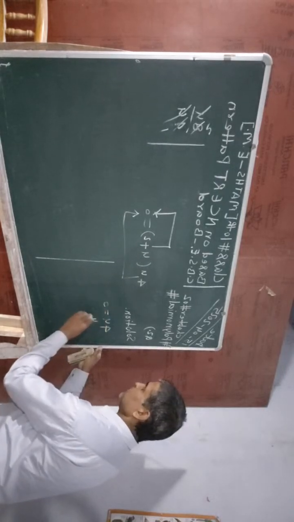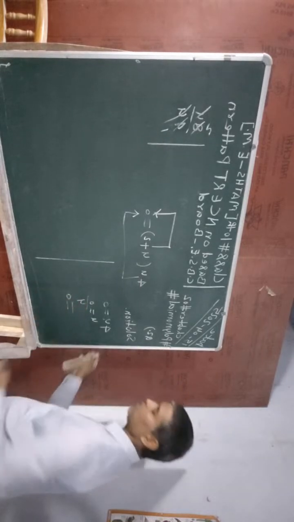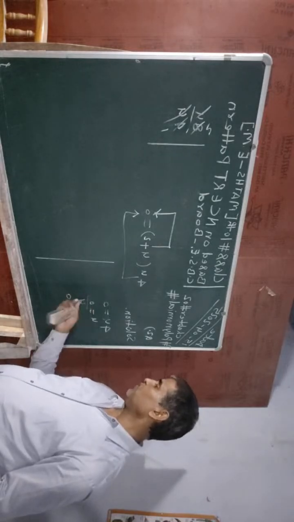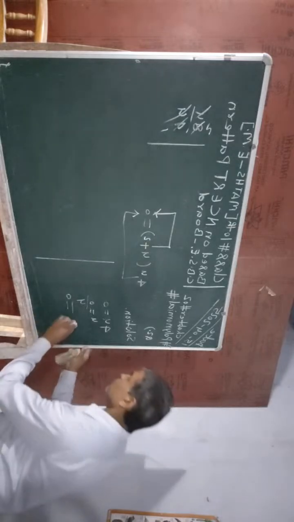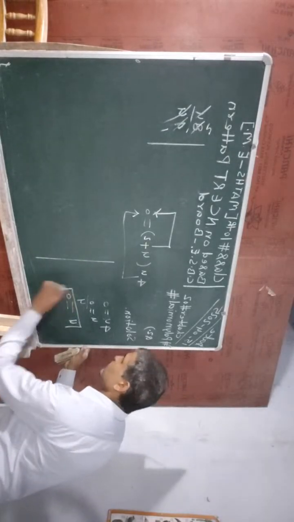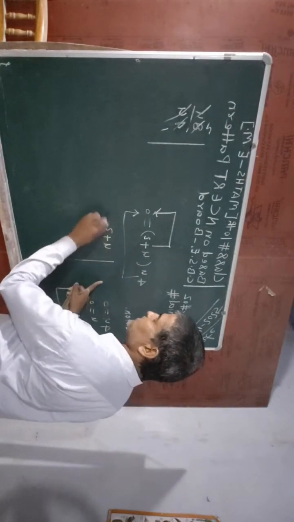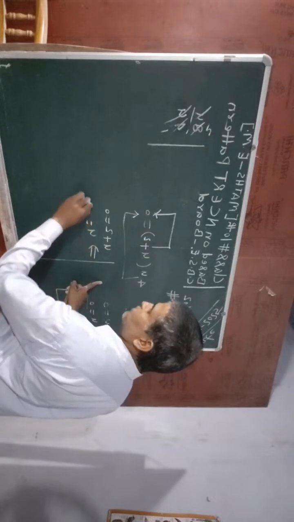It means that u is equal to 0 divided by 4. It will become 0 because if 0 is available and we divide 0 by any finite number, that will become 0. So 0 value is available for this one, and the other is u plus 2 which is equal to 0. After simplification I will put u is equal to minus 2.